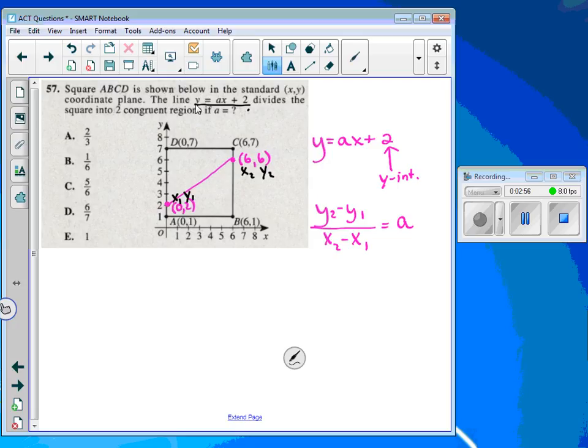And so following the formula, y2 minus y1 will be 6 minus 2, and x2 minus x1 will be 6 minus 0, giving us 4 over 6, which reduces to 2/3. So it looks to me like a would have to be 2/3, which is choice A.